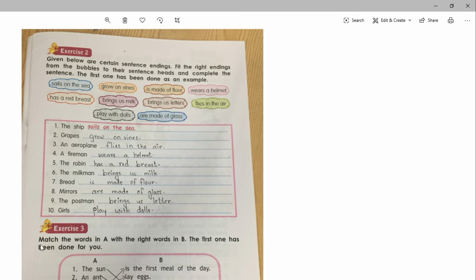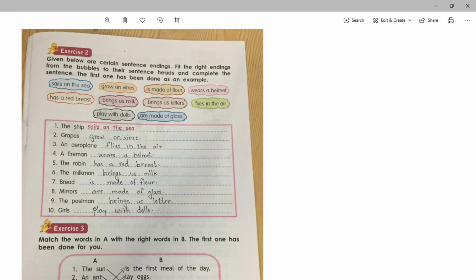Now exercise 3. Match the words in A with the right words in B. The first one has been done for you. Here A is given and B is also given. What you have to do is match the proper A with the proper B. Okay, the sun. What will be the answer? Rises in the east.